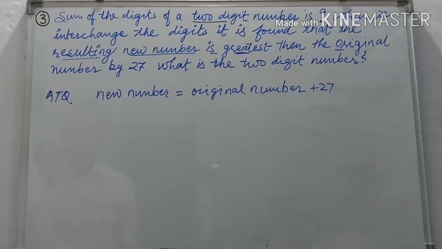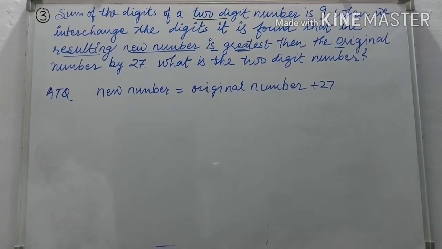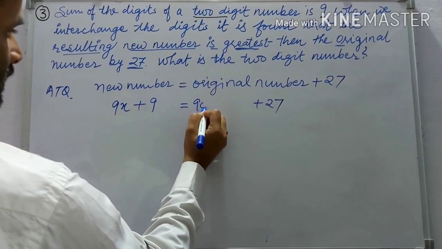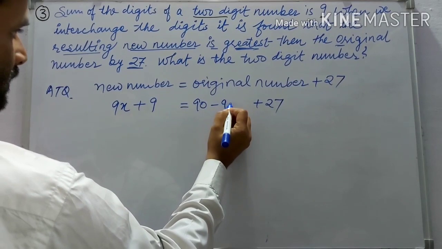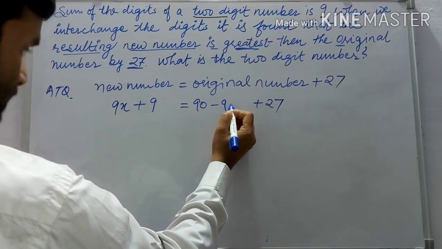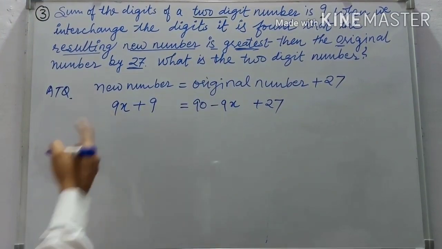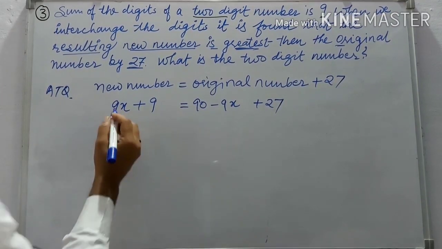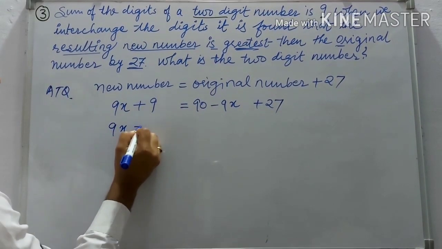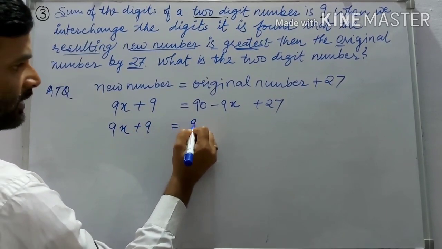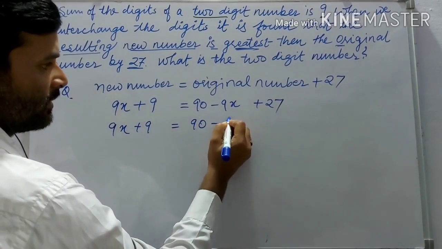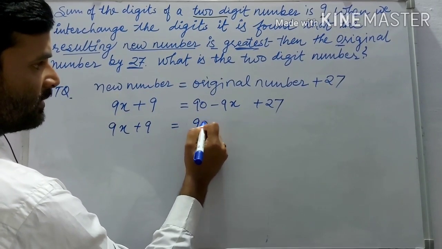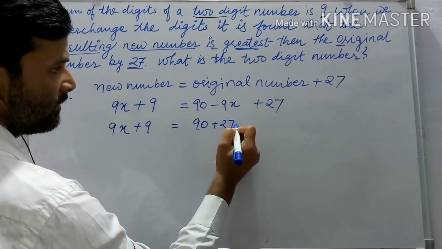Check what the new number is. The original number is 90 minus 9x, and the new number is 9x plus 9. Now solve. 9x plus 9 is equal to 90 minus 9x plus 27.